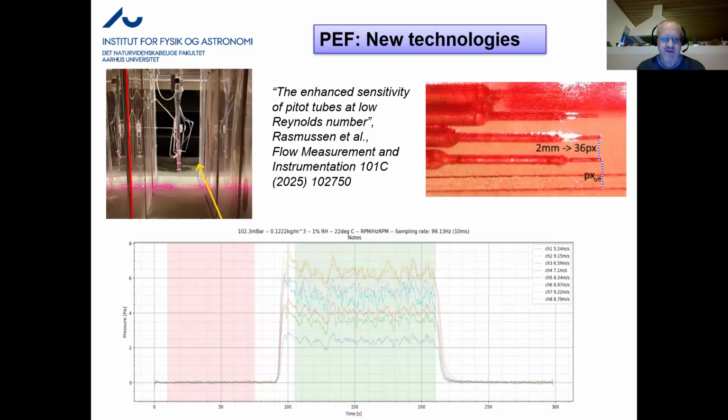So this is an example of a data series taken with our pitot tube array, our micro pitot tube array. The functionality of these micro pitot tubes that we've been working on for many years, in fact, is published. The reference is there. There are two major advantages for us for these micro pitot tubes.